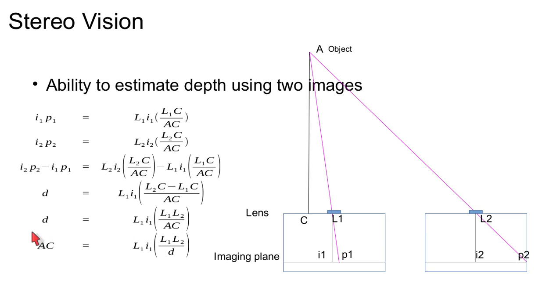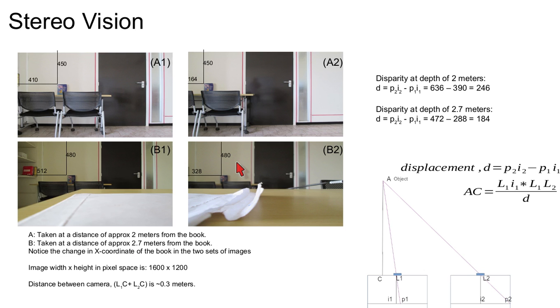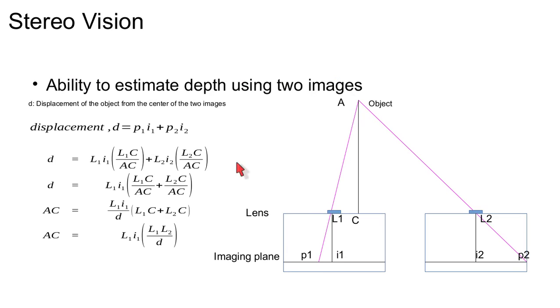So the depth of the object, that is the distance of the object from the camera, which is AC, is obtained as L1 I1 multiplied by L1 L2 divided by D. This is the same as what we had obtained in the previous equation, where the object was present on opposite sides of the principal axis. There we obtained the depth as AC equal to L1 I1 into L1 L2 divided by D.